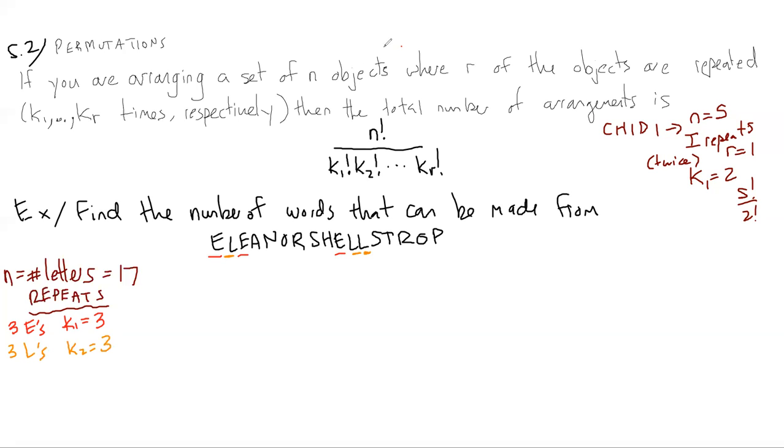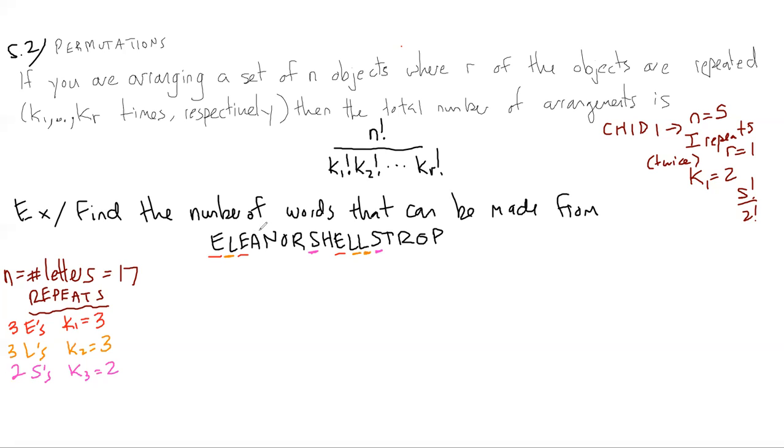I've got 2 S's. So I'll call my next K value K3 is going to be 2. I could call them KE, KL, KS if I like to, because that way they'll actually refer to the exact objects I'm repeating here.